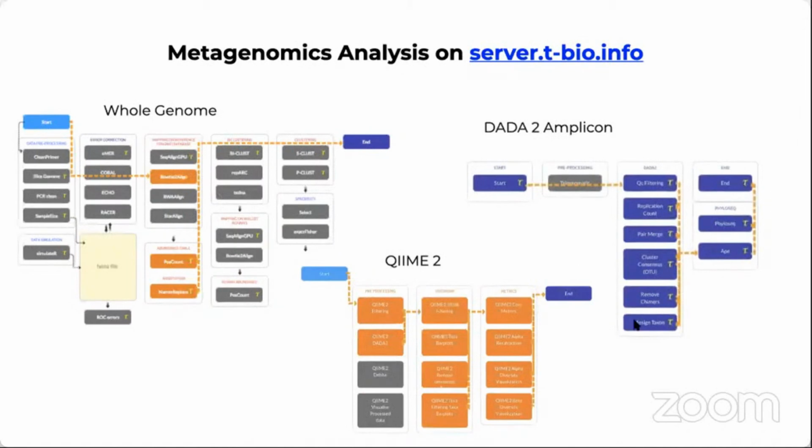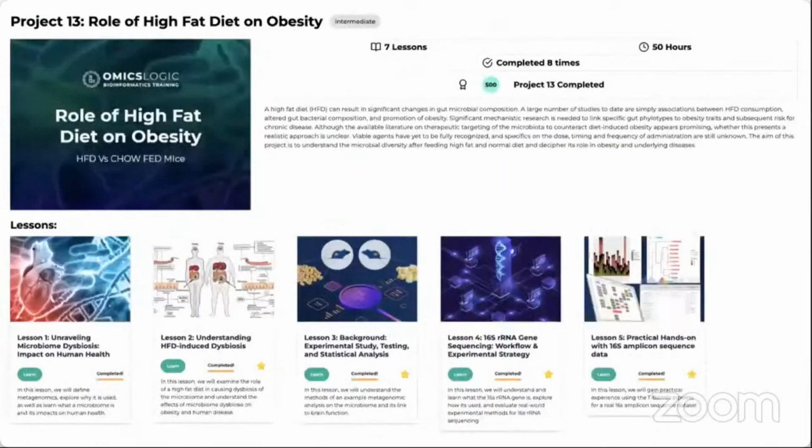For interested people, the implemented pipeline can be accessed using the demo pipeline, which I will show you how to do. So let's quickly go through a demo pipeline of a project that we will definitely get our hands on in this program. This project is a practical example of understanding the role of a high-fat diet on obesity. This is project number 13 in the Learn OmicsLogic portal.